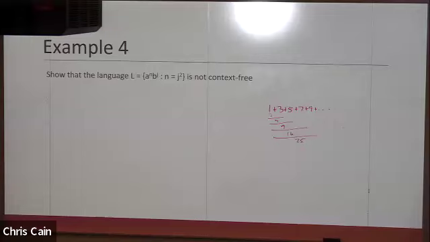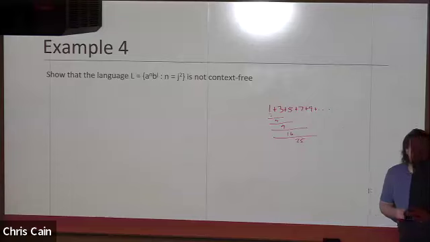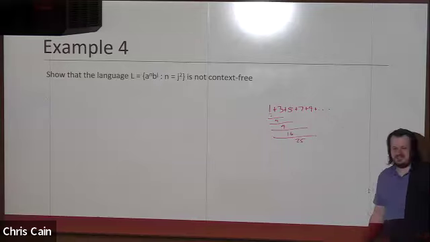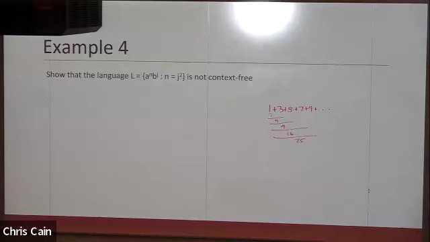Even if there were a way to do that, we'd have to be able to take the square root of that value once we were done and check that against the b's. That seems like it's going to be unlikely to be successful with just a stack. All right, so now how might we be able to go through mathematically and show that this is not context-free?